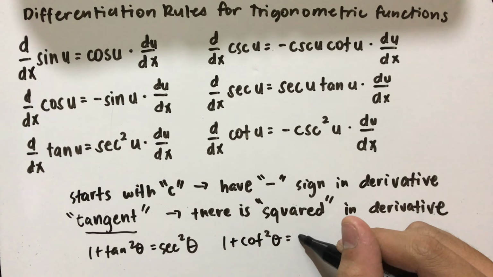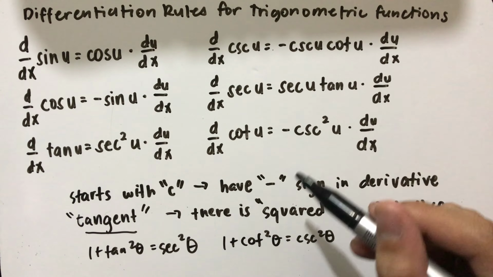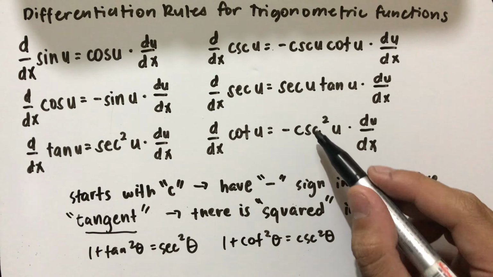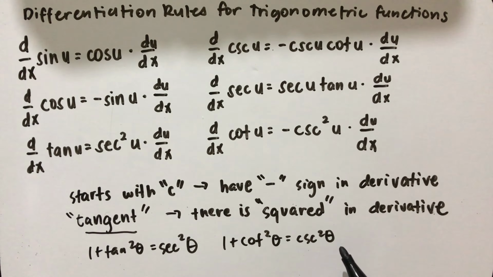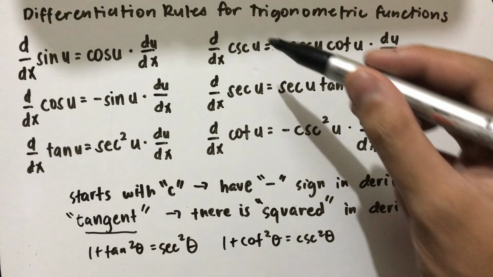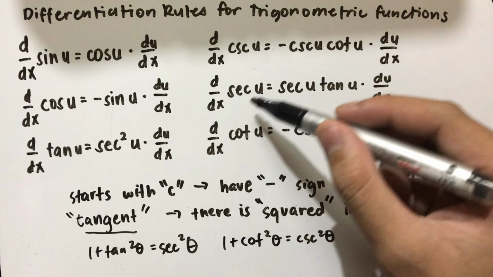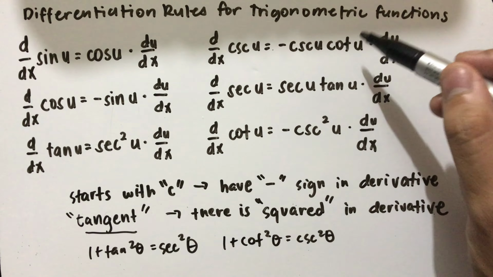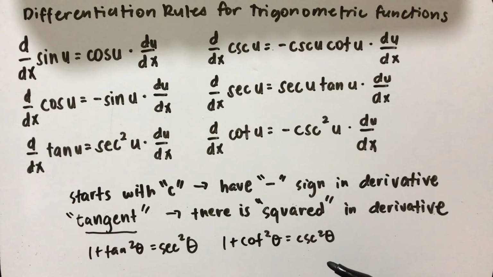So if you remember the identity, you might remember the derivative of cotangent. You may also remember it for cosecant and secant by remembering the identities. So for cosecant, it has cosecant u, cotangent u, and for secant, it has secant u and tangent u.